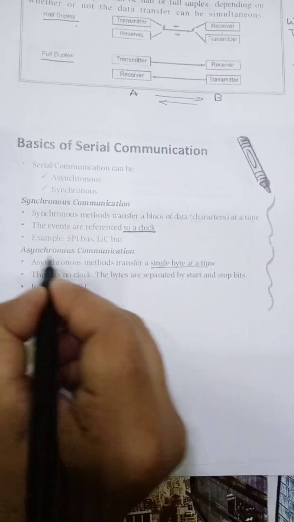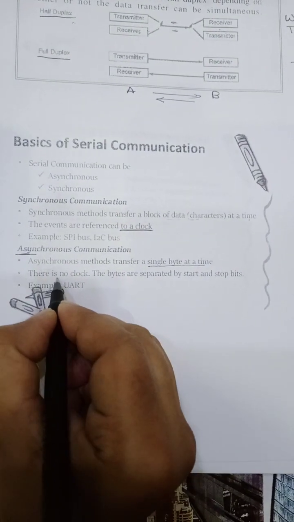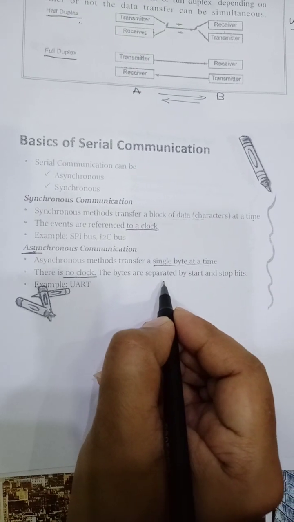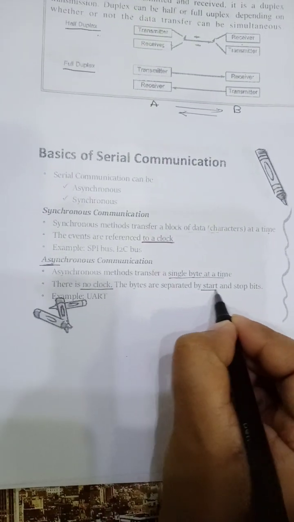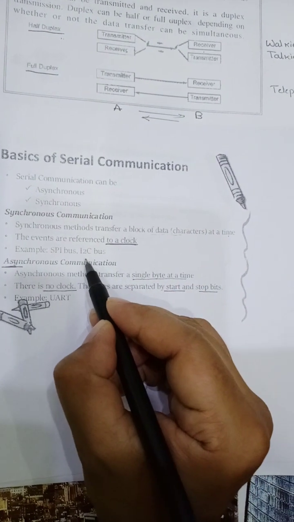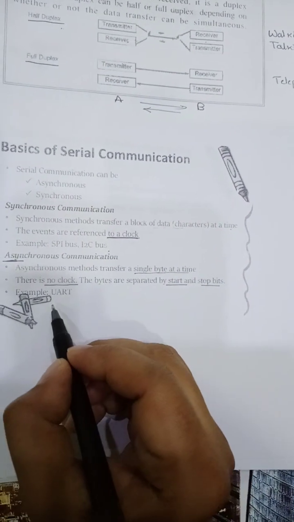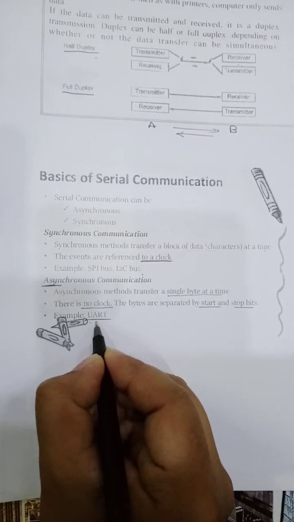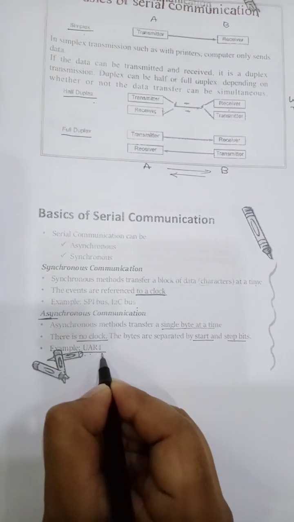Whereas in the asynchronous, as the name itself indicates, there is no clock. The bytes will be sent separately, but they will be associated with start and stop bits. An example for synchronous is SPI and I2C bus, whereas for asynchronous, a good example is UART. That is Universal Asynchronous Receiver Transmitter.